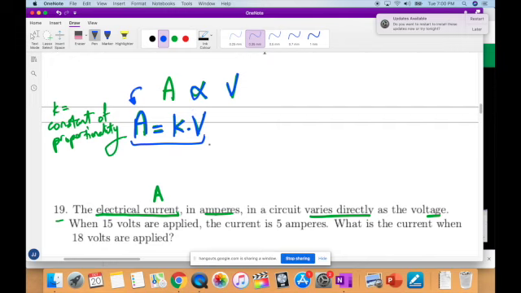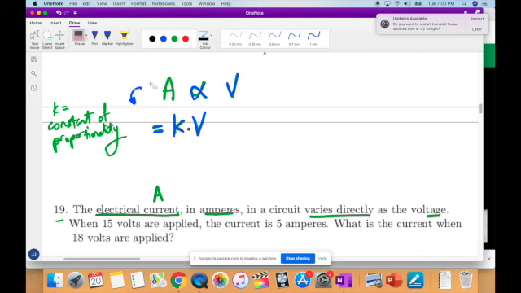Remember, in a situation like this, the voltage could change and the current will change. As the voltage gets larger, the current will get larger. As the voltage gets smaller, your current will get smaller.